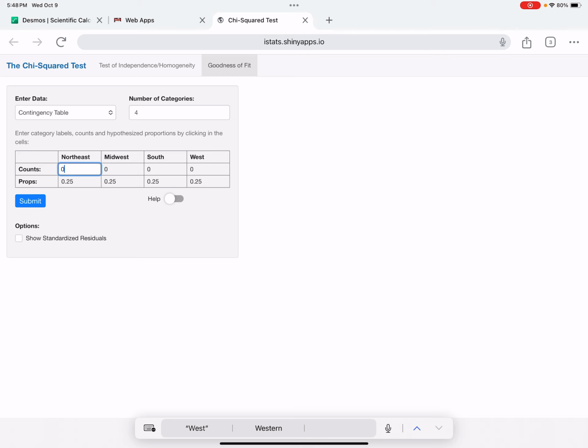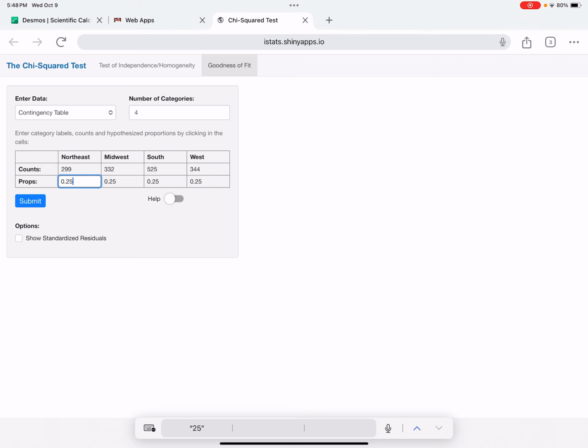Our counts are going to be the observed counts: 299 for the Northeast, 332 for the Midwest, 525 for the South, and 344 for the West.